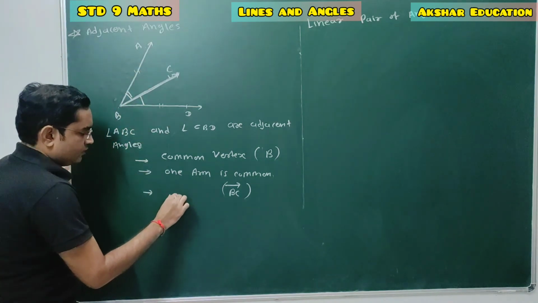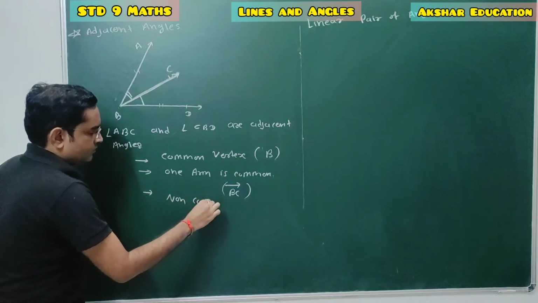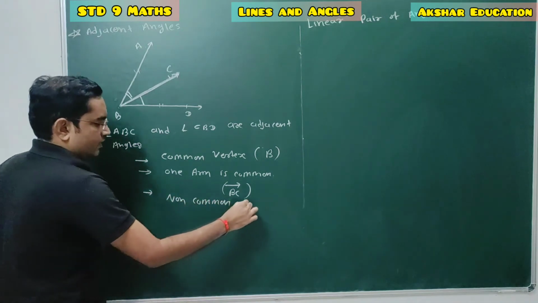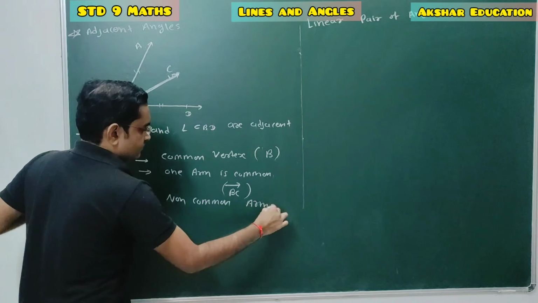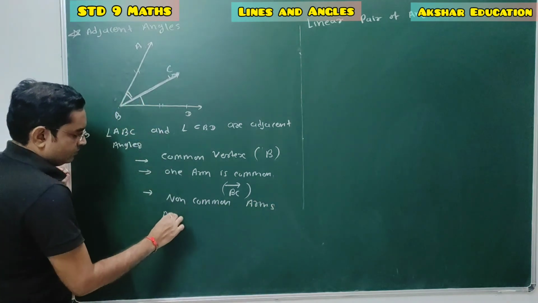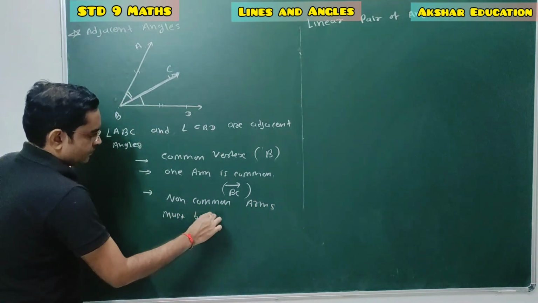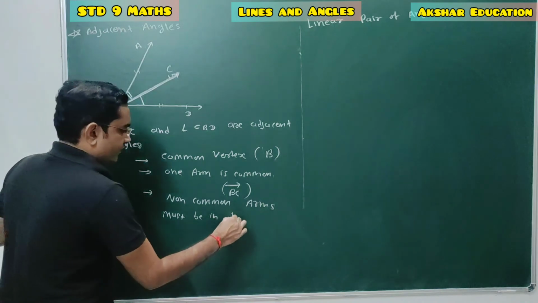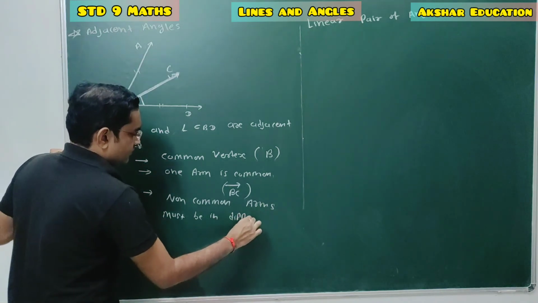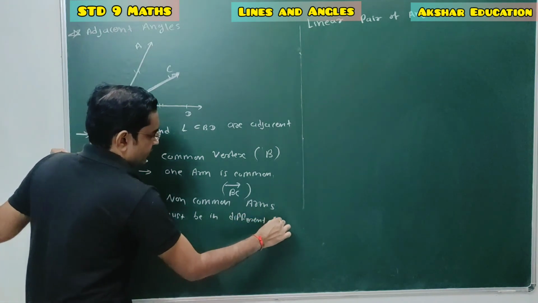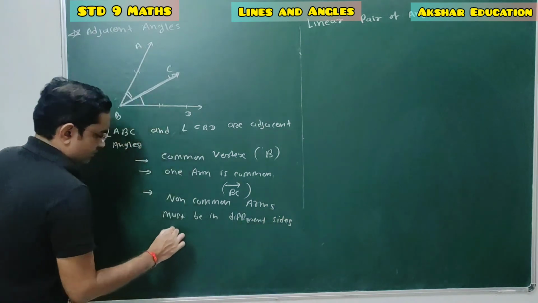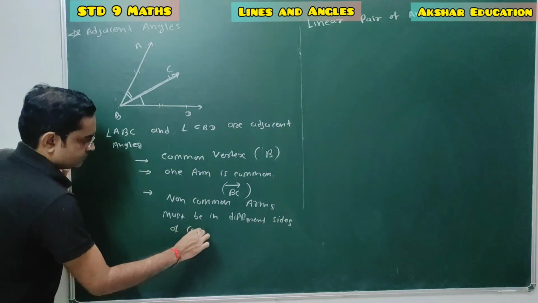So the condition is that the non-common arms must be on different sides of the common arm.